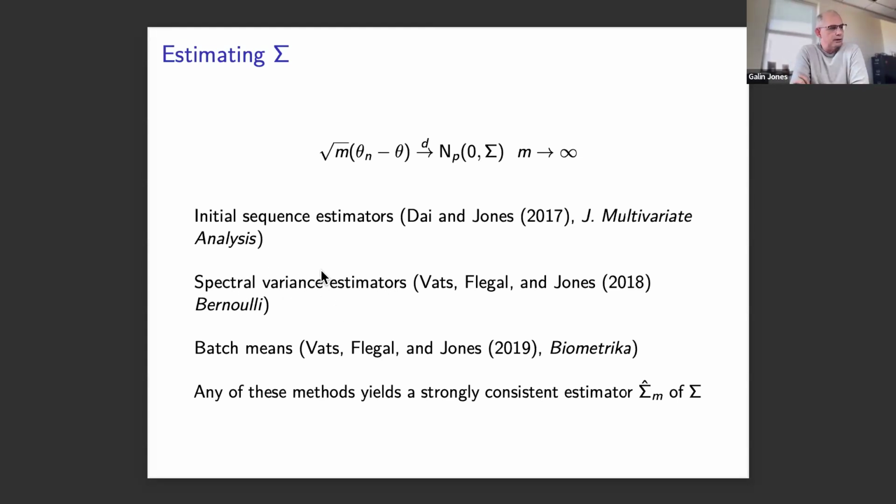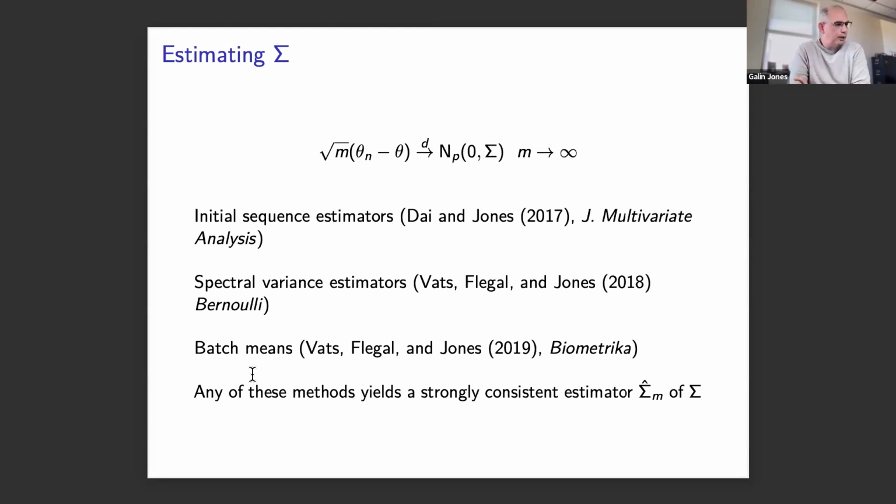And so while these work quite well in many ways, they're still a little bit more computationally intensive than something like the batch means methods, which essentially just break the simulation up into batches. If they're large enough, they're approximately independent and approximately normally distributed, and it's easy to come up with an estimator for the covariance matrix that way.